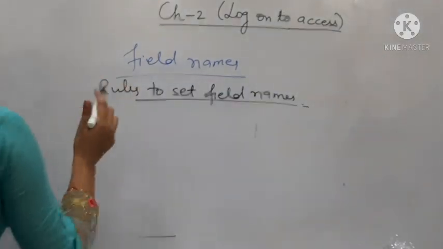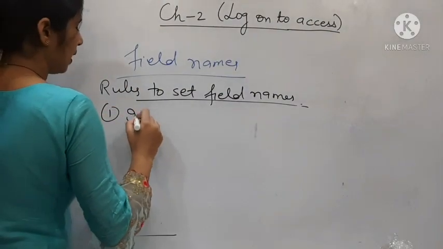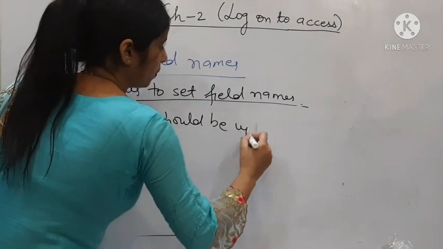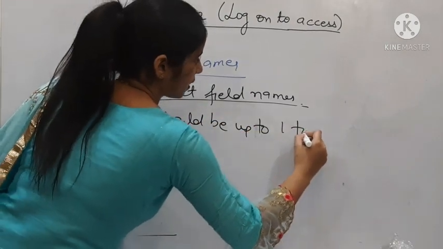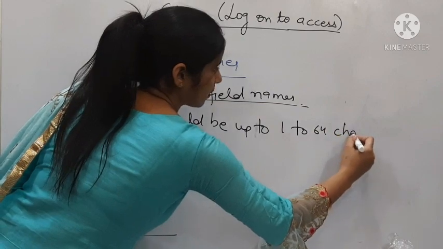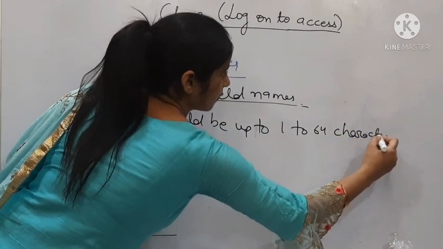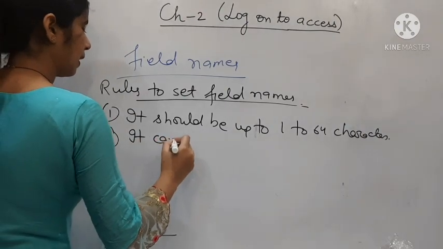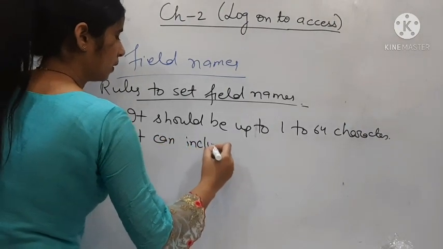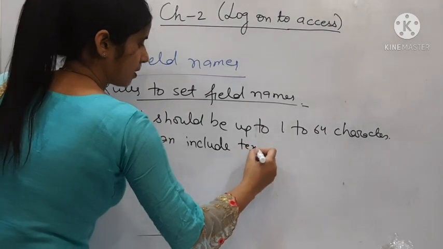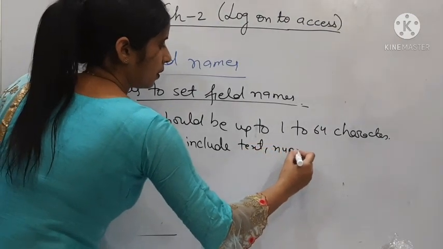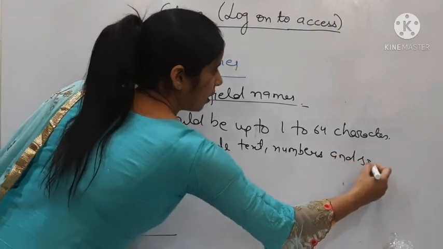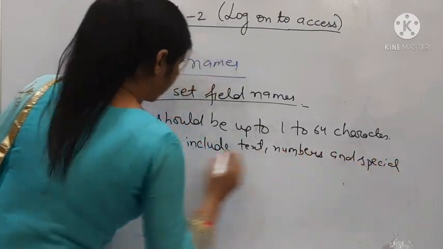Okay. I am writing in short. First is, it should be up to 1 to 64 characters. Okay. Second one, it can include text, numbers and special characters.